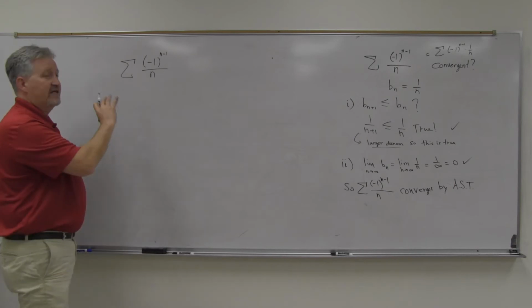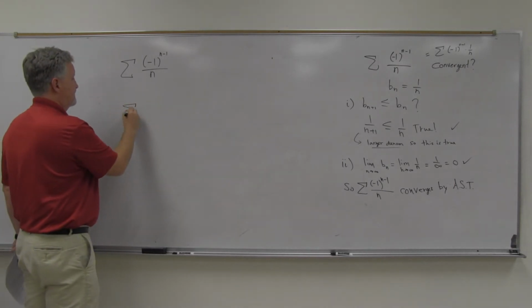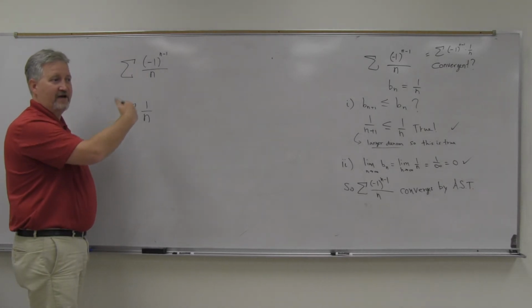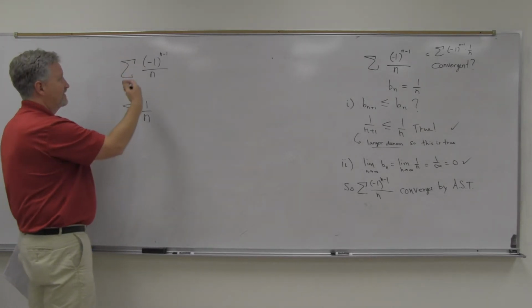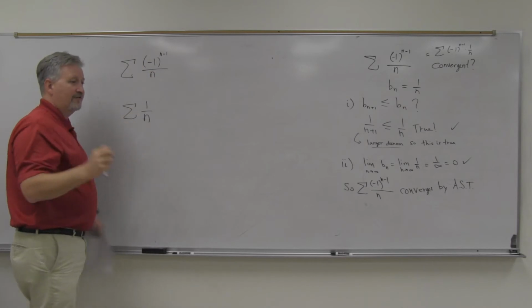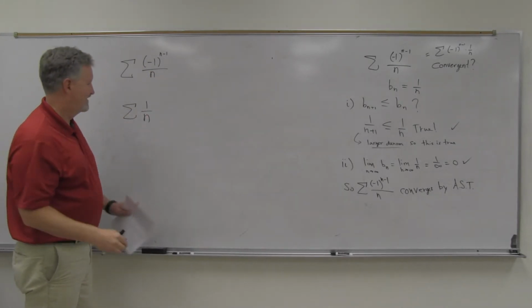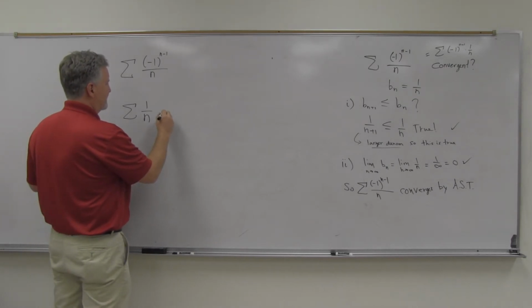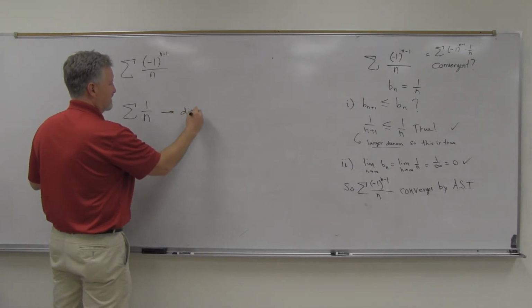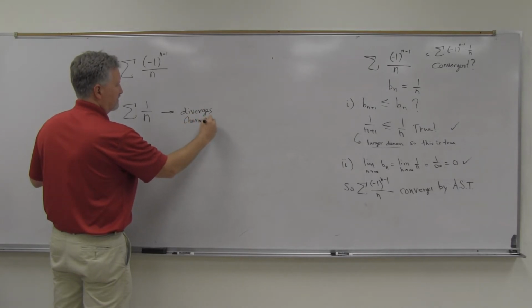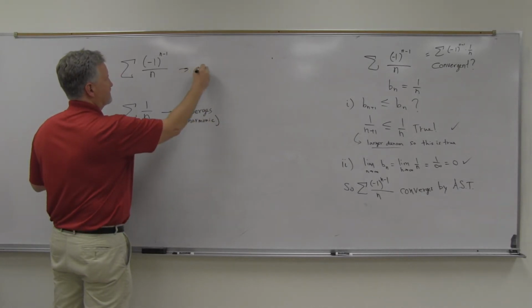But that is very much related to this, isn't it? The only difference is I've got alternating signs. That is, call it the alternating harmonic series. I don't think they actually call it that, but this one diverges, doesn't it? It's the harmonic series. This one converges.